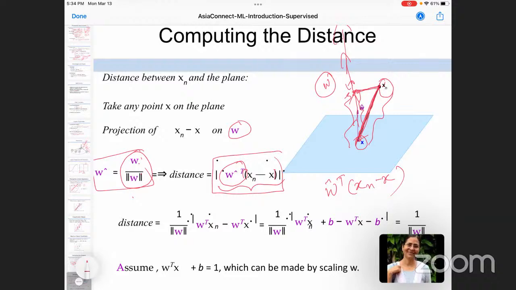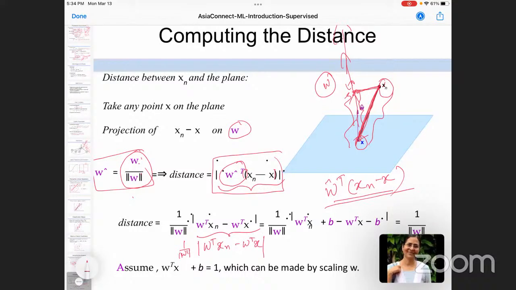Now this distance, if you just elaborate this, you can write it as the norm of W, W transpose xn minus W transpose x.